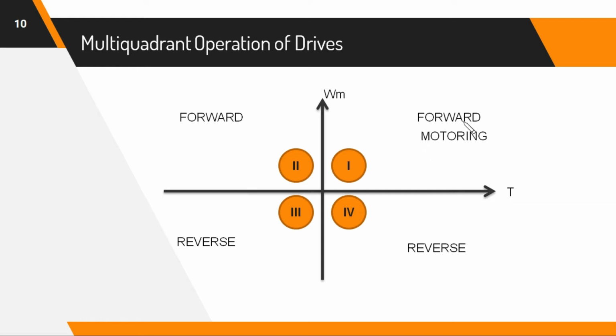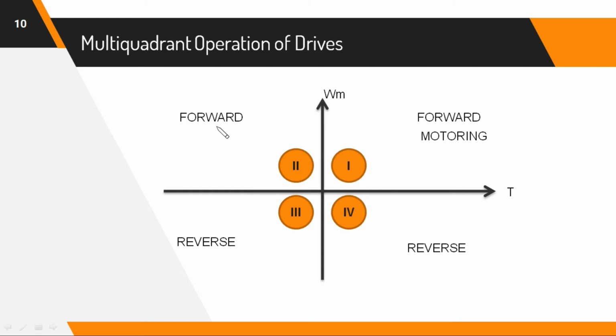Forward comes because omega m is in the upward direction, which by sign convention means forward. Motoring because the power developed is positive, since omega m and T are both positive.